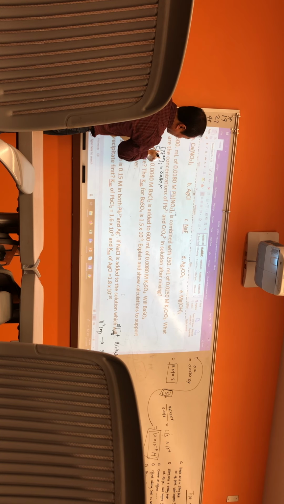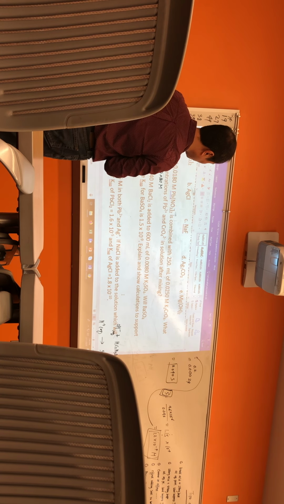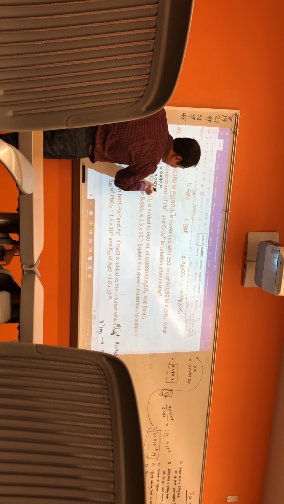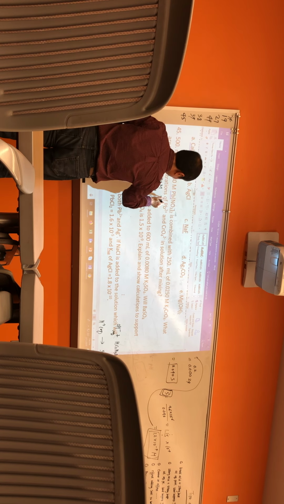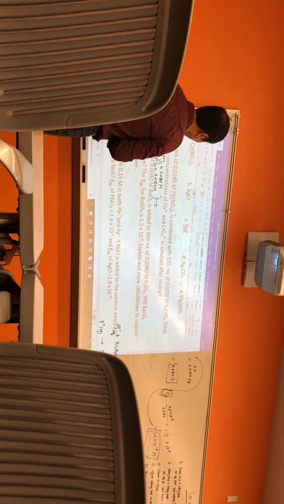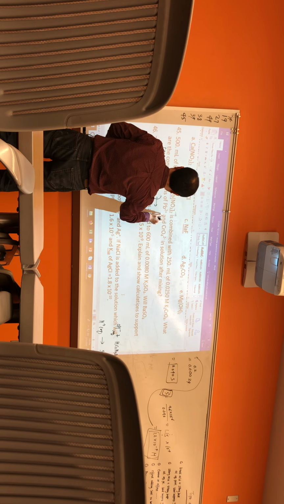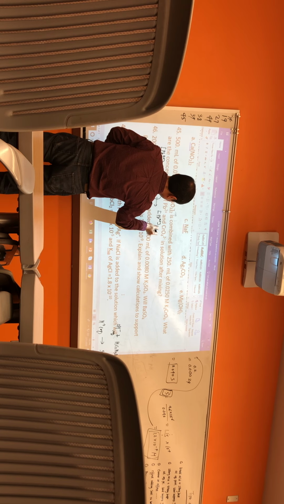Concentration of chromate initially 0.0250. If you mix it together, the volume changes, and that makes the concentration change. After mixing, I'm going to use it as final.